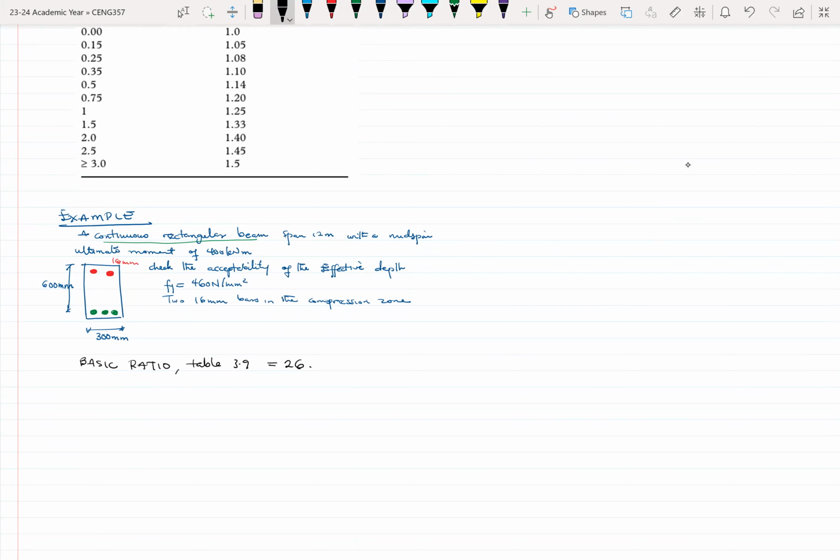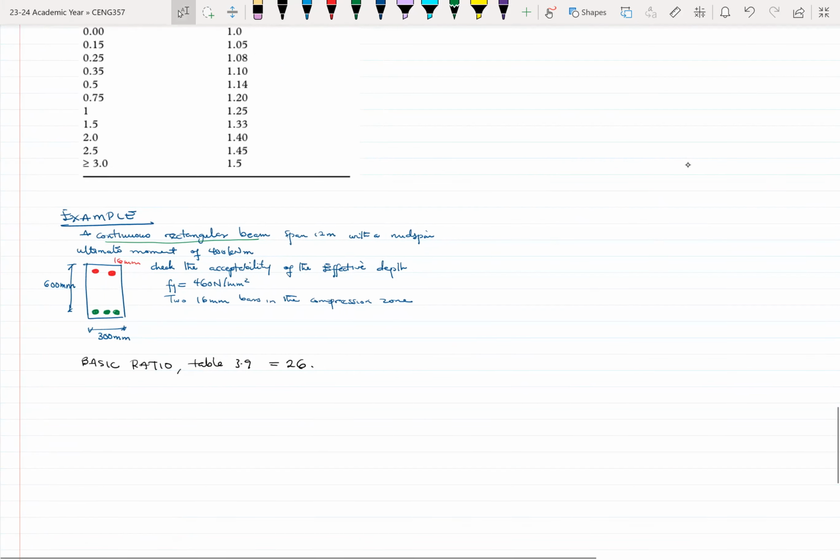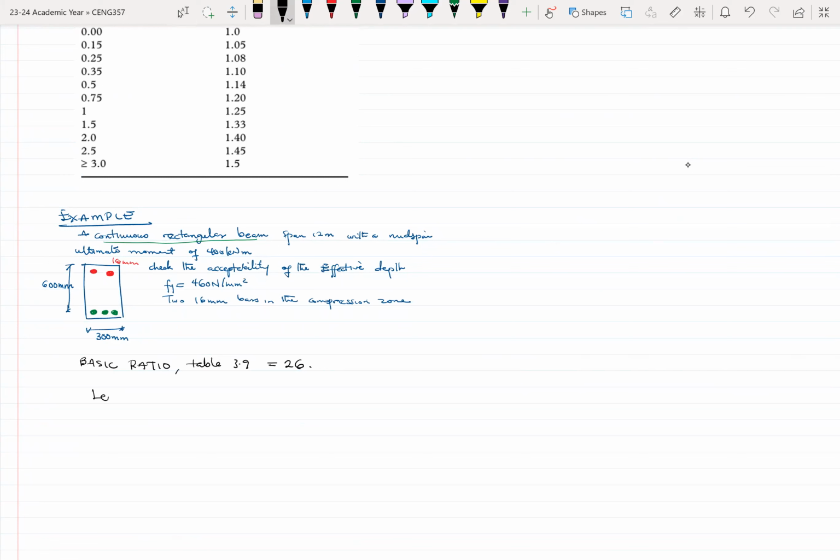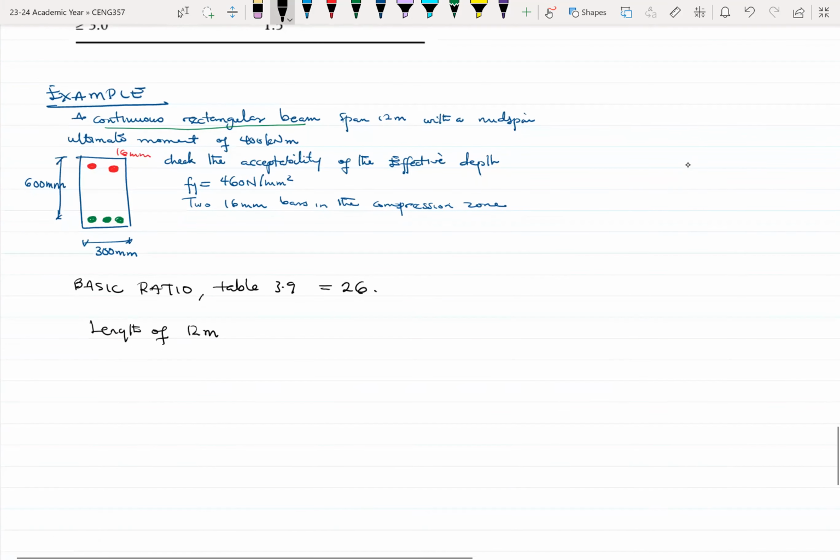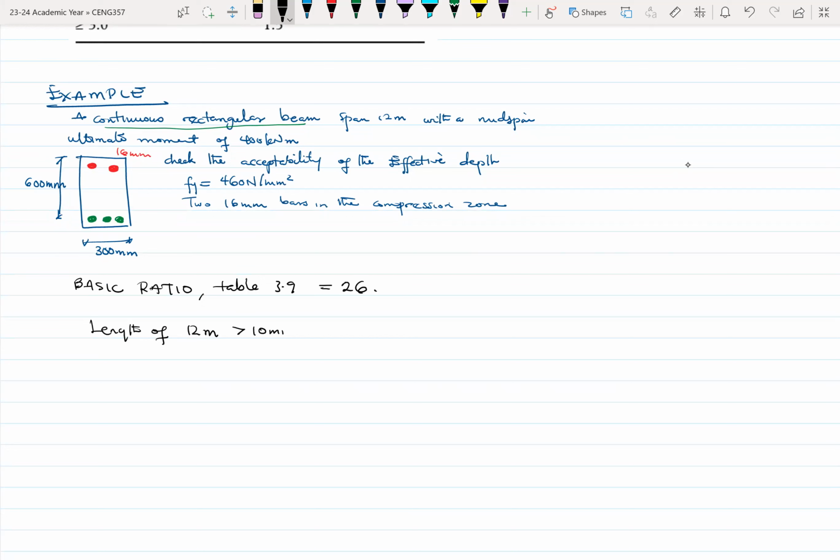All right. Now let's check the length of the beam. The beam has a length of 12 meters, which is more than 10 meters. So it means that we need to modify the basic ratio.